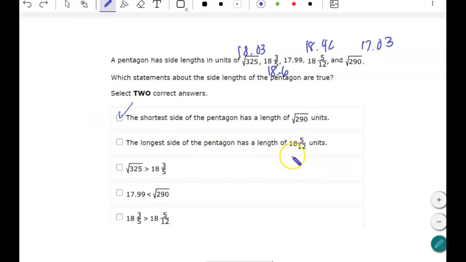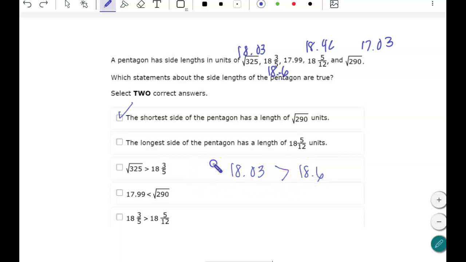It says the longest side has the length of 18 and 5/12. No, because this is 18.42 and this one is 18.6, so that's not it. Square root of 325 is greater. In decimal, they're saying that that is greater than the 18 and 3/5.